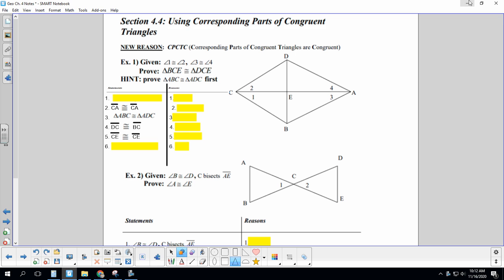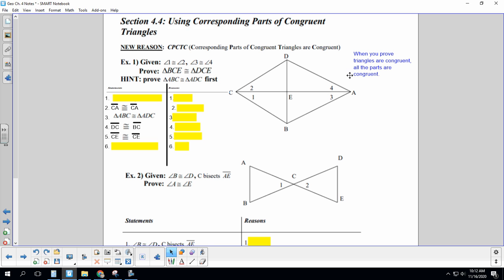Applegarth again. In this section, we are going to talk about corresponding parts of congruent triangles. There's a little property called CPCTC. It says corresponding parts, so the parts that match up, of congruent triangles, are congruent to each other.